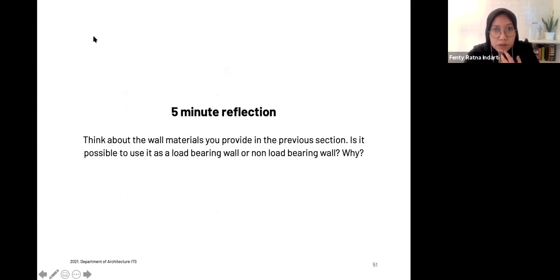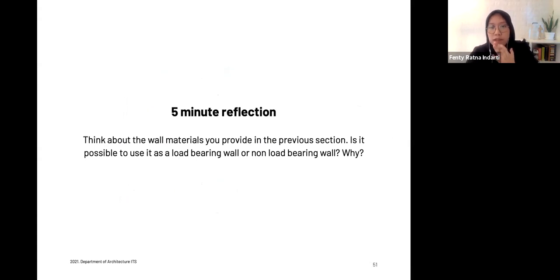Now let's go to an exercise again. I have asked you about the materials that can be used for walls in the previous section. So now think about the wall materials you provided in the previous section. Think about whether it is possible to use each as a load-bearing wall or non-load-bearing wall, and why.